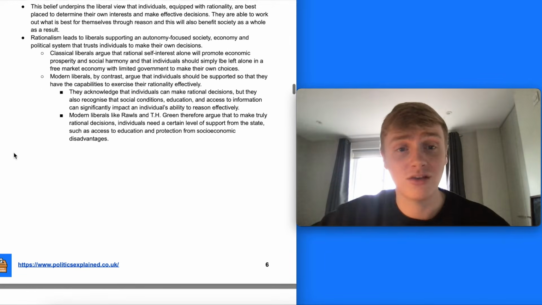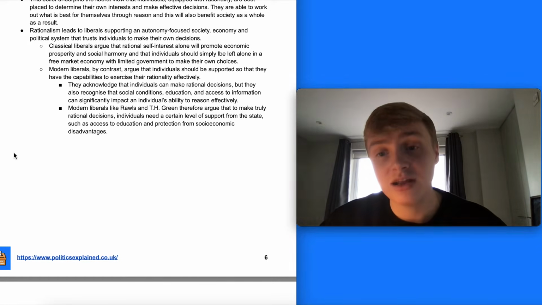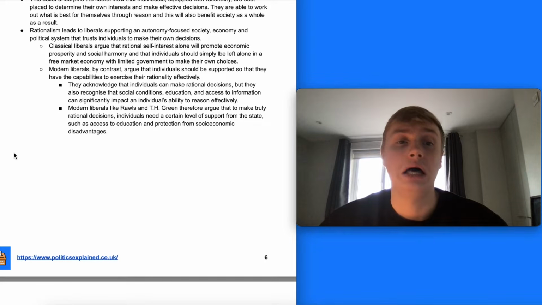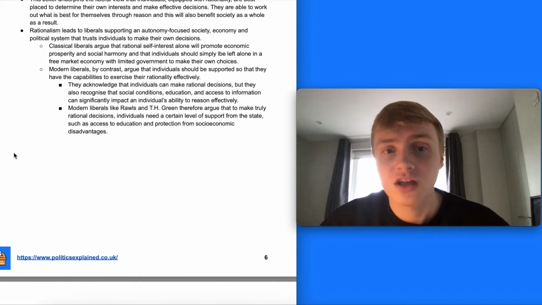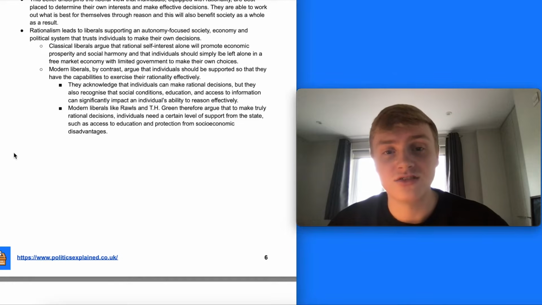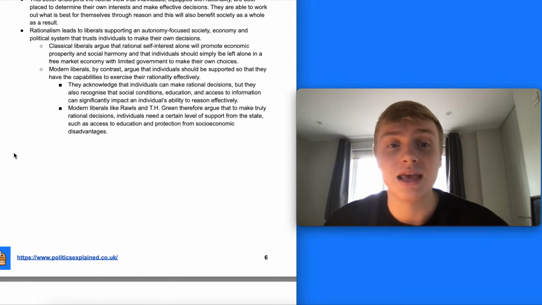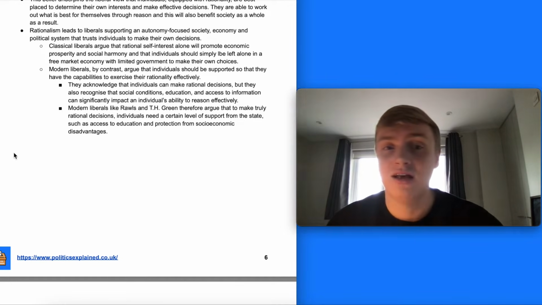Modern liberals, by contrast, argue that individuals should be supported so that they have the capabilities to exercise their rationality effectively, but they fundamentally agree that individuals are rational. They acknowledge that individuals can make rational decisions, but also recognise that societal conditions, education, and access to information can significantly impact an individual's ability to reason effectively and exercise their reason.